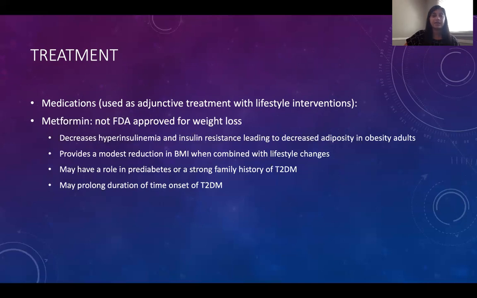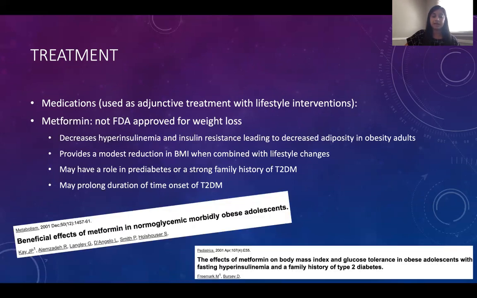Of course, you're not going to use it on every obese patient that walks through the door, but if you have signs of insulin resistance, such as acanthosis nigricans and abnormal labs, along with a family history of type 2 diabetes, you may be more inclined to use it if your other previous measures don't work, such as your lifestyle changes or some of those diets. And again, here are a couple of studies that show that it has been helpful in obese adolescents.